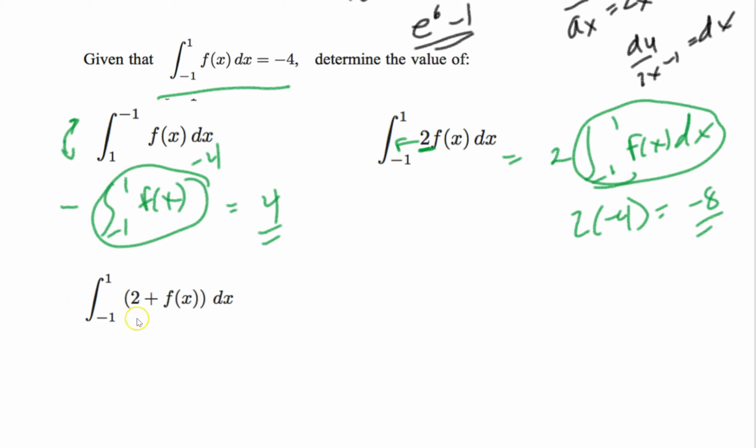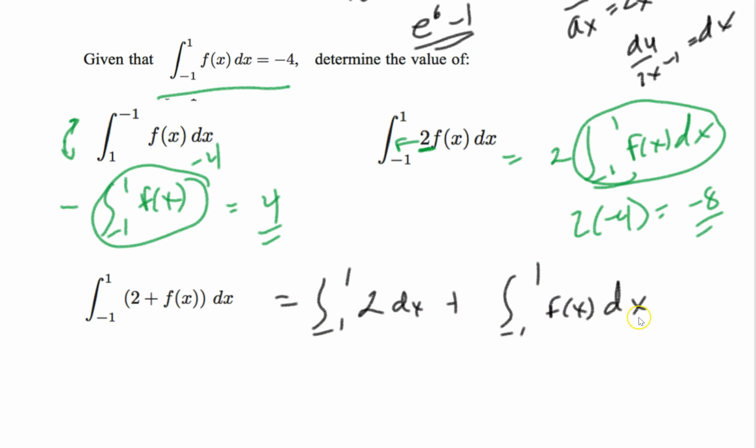A lot of people are like, oh, I know this is 4. You can't plug it in. The integral of f(x) from that is 4, not just f(x). So what we do here is separate these two. It's going to be the integral from -1 to 1 of 2 dx plus the integral from -1 to 1 of f(x) dx. We have to separate them. Now this is -4, that they told us.